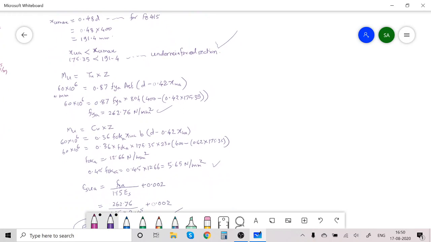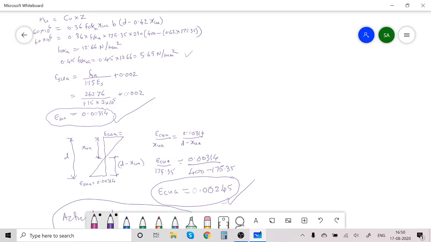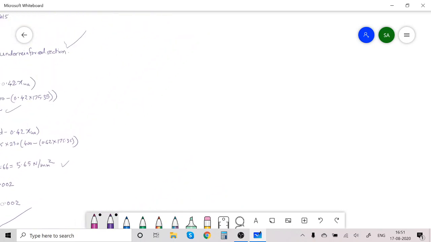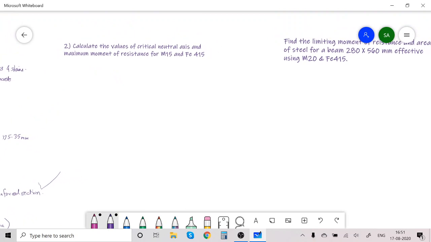Then using actual stress in steel, we found actual strain in steel. And using the similar triangle principle, we found the actual strain in concrete. So this is another type of analysis type.